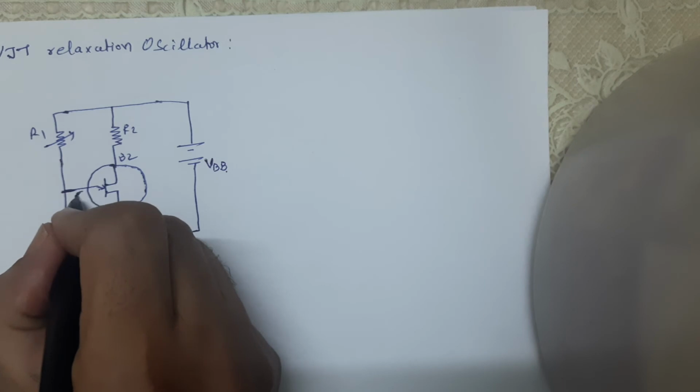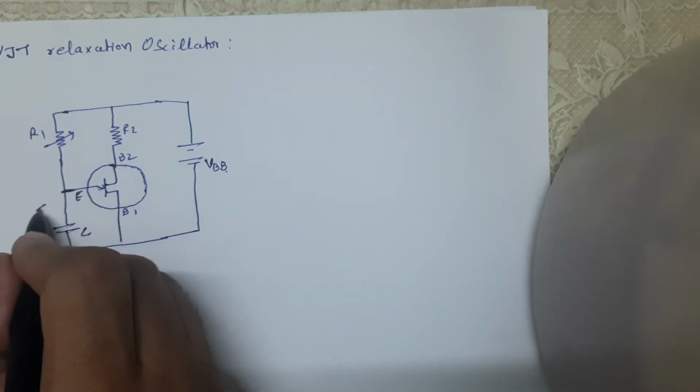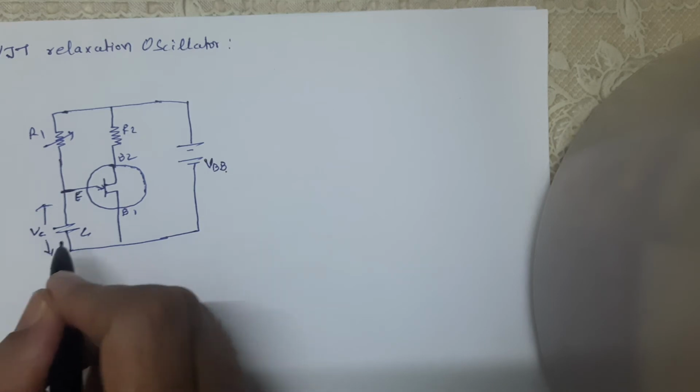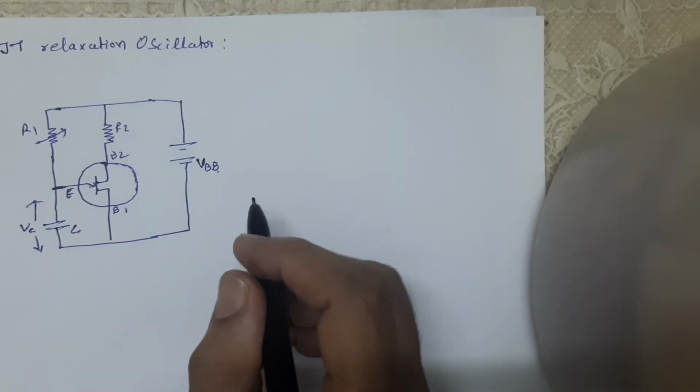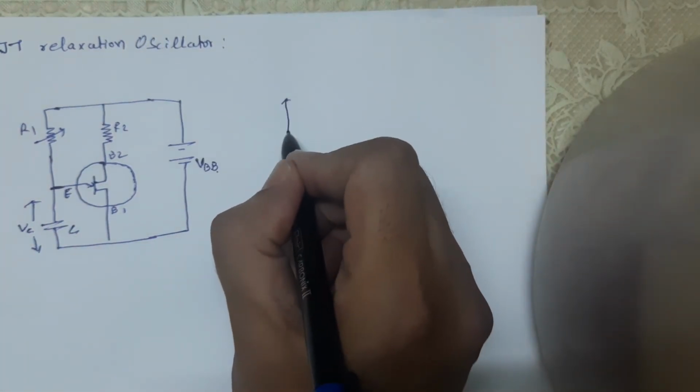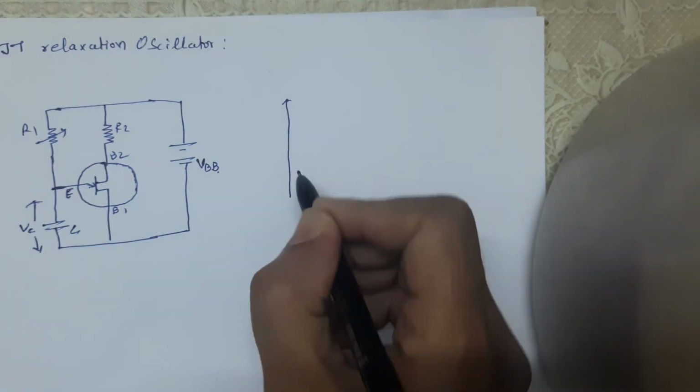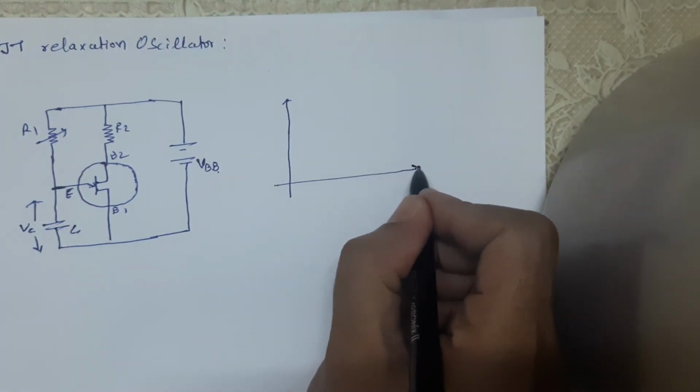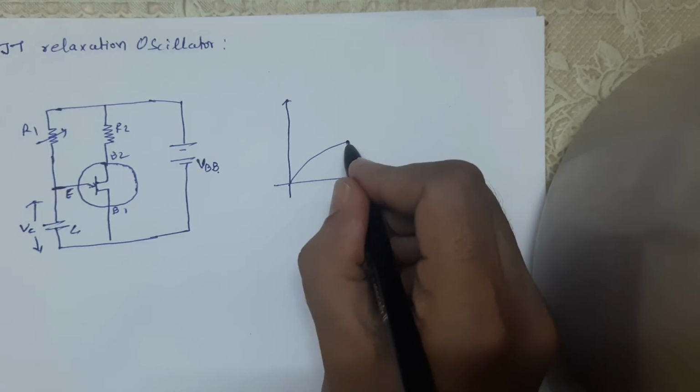This is your emitter, voltage across C, VC, and the diagram, or we can say waveform, looks like this.